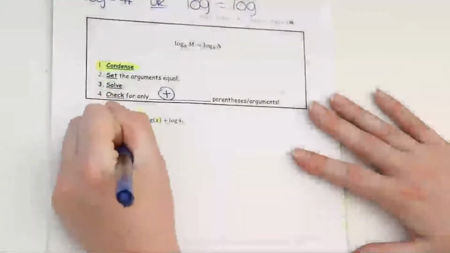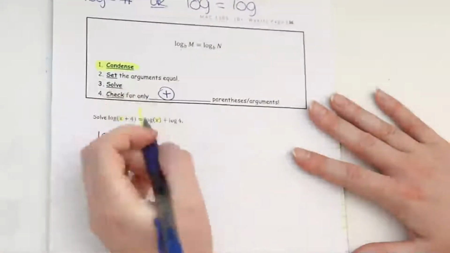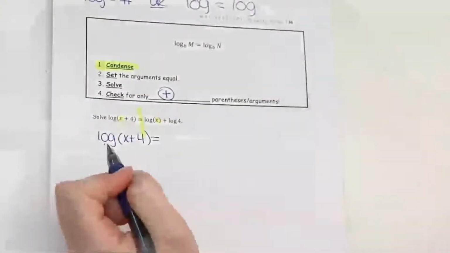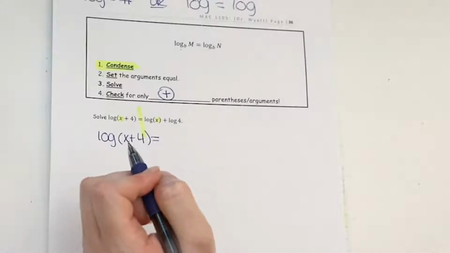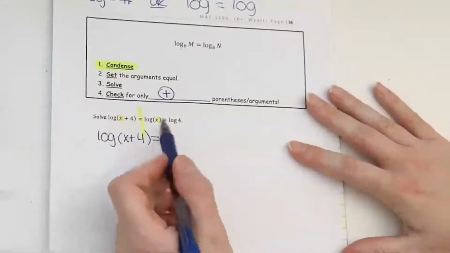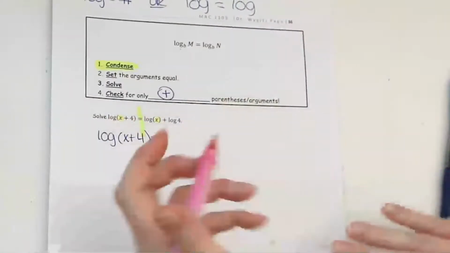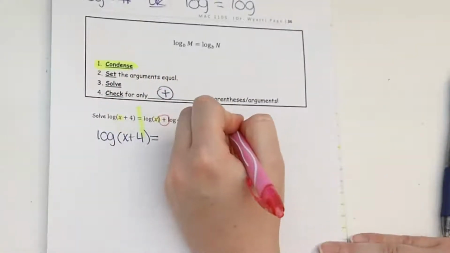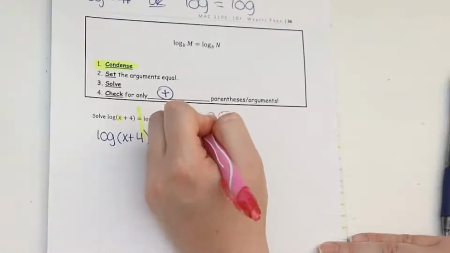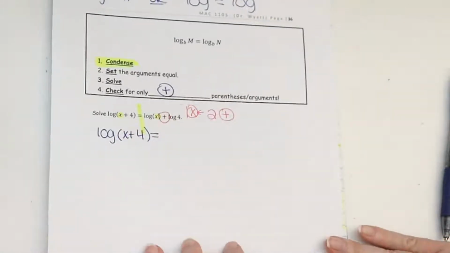So you'll have log of x plus 4. And then on the right-hand side, again, same idea. You're asking yourself, can I condense that logarithm as much as possible? And here you have addition of 2 logarithms. So because you have 2 logs added, you know that that can go to 1 log with multiplication.